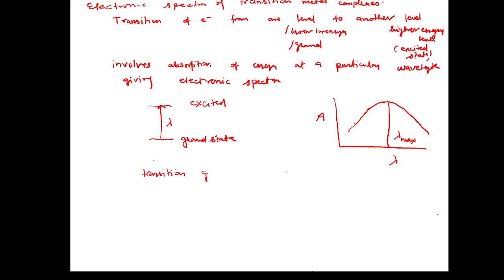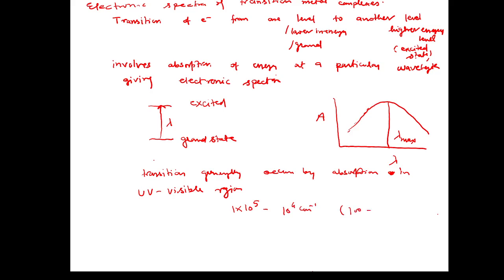So this transition generally occurs by absorption in the UV visible region, which is from like 1 into 10 to the power 5 to 10 to the power 4 centimeter inverse, which is 100 nanometer to 1000 nanometer.